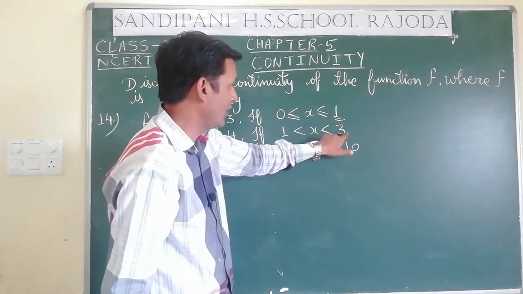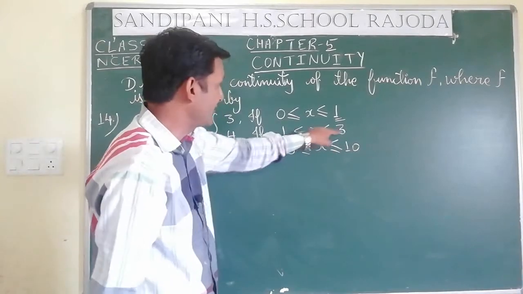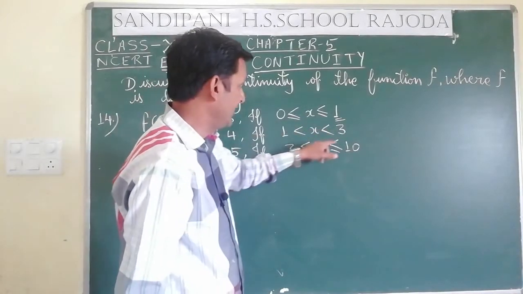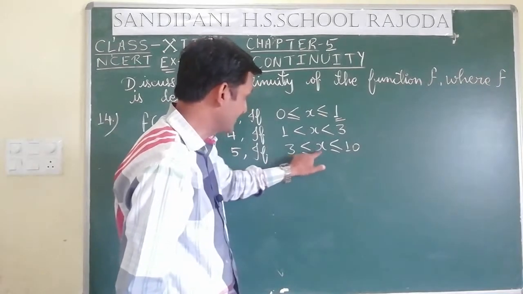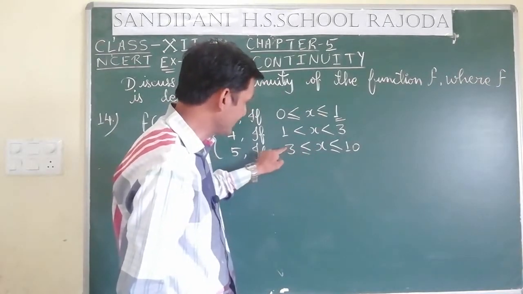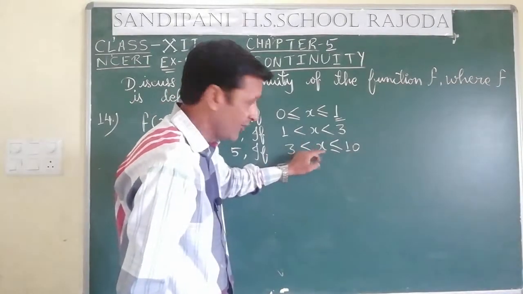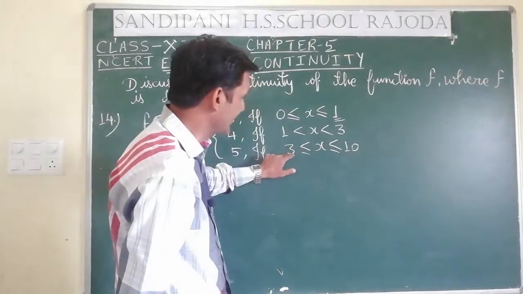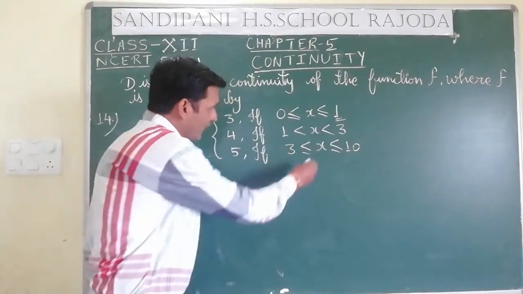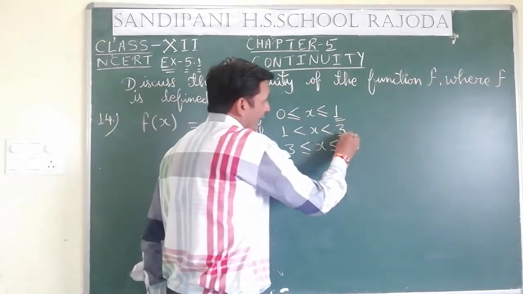We are able to solve it at point 3 also, because for less than 3, meaning LHL, we can solve from here, and for x greater than or equal to 3, or 3 is less than or equal to x, x is equal to 3 here and x is greater than 3, so the RHL part we can solve from here. So we can solve it at points 1 and 3.